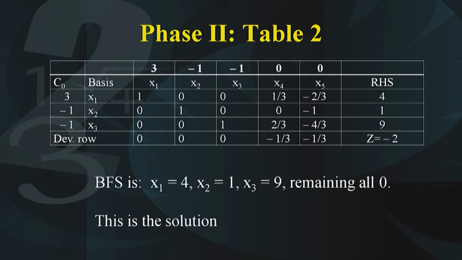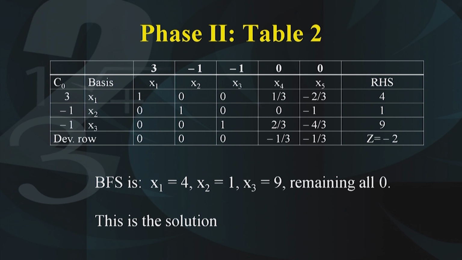Now, you will observe that in this table, as usual, we will compute the deviations, and the deviations tell us that the first 3 entries are 0, whereas the fourth and the fifth entries are negative. And as you know, what is the stopping criteria for the simplex method?